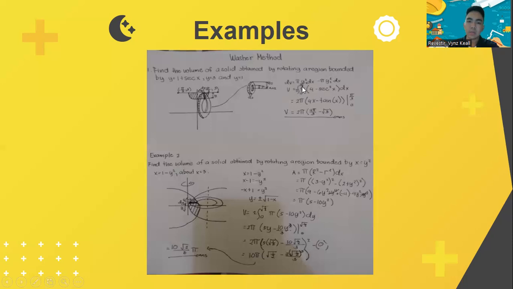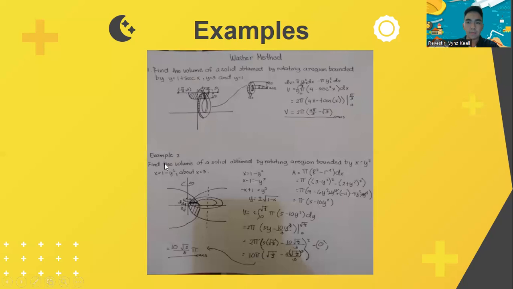We just added 2 because we are going to use it, since it is a symmetric region. So 2 pi times 4x plus the integral of secant squared x, which is tangent x, and substitute the limits pi over 3 and 0. So the final answer is 2 pi times (4 pi over 3 minus square root of 3). This is the answer using the washer method.